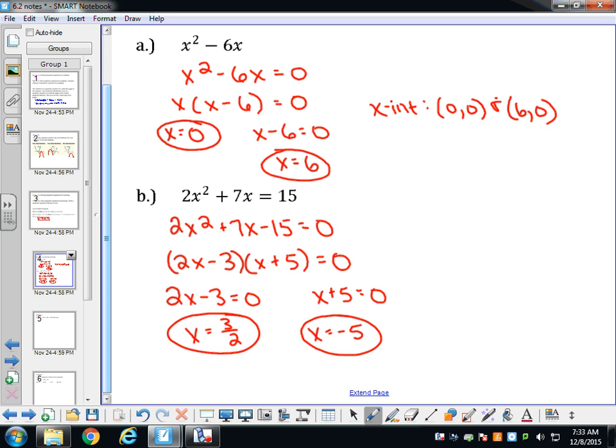So I got x equals 3/2 and x equals negative 5. If I want to write them as x-intercepts, those would be the two points where the curve crosses my x-axis.